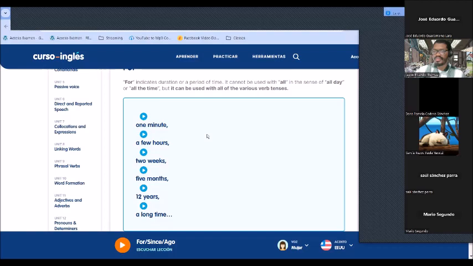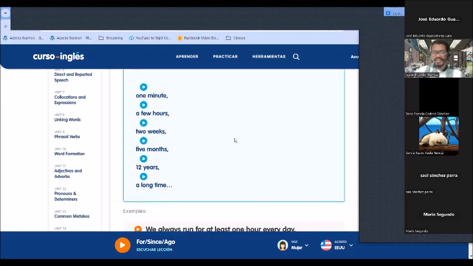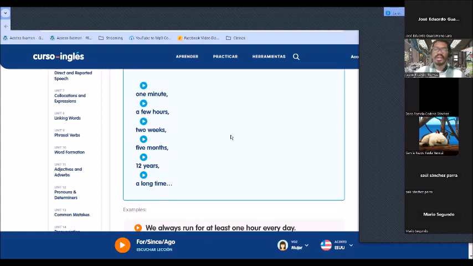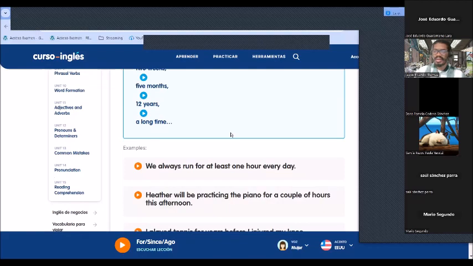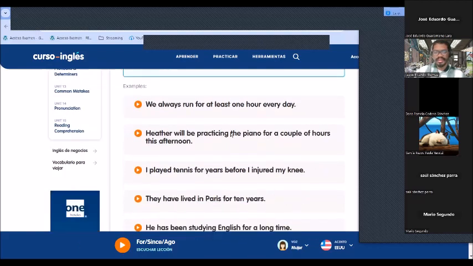It cannot be used with all in the sense of all day or all the time, but it can be used with all of the various verb tenses. Good. So we can say for a minute, for a few hours, for 2 weeks, for 5 months, for 12 years, for a long time. Dana, help me with the examples.